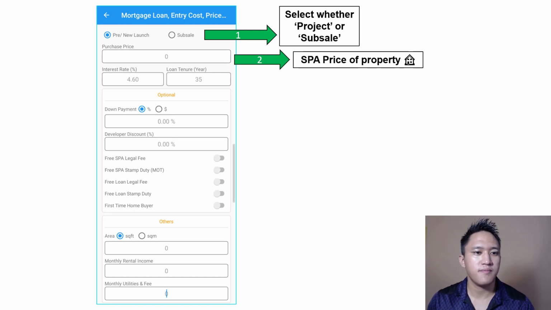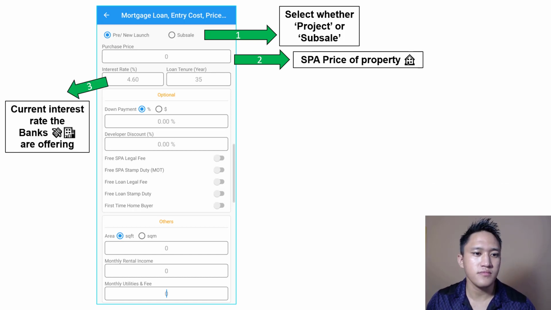Now second, put the SPA price in the purchase price column. Now this is the SPA price, not the net price. There's a difference. Third, the interest rate. Put in the interest rate that the banks are offering. Now you can ask a property agent or a bank, or to be more precise, a banker, to know what's the best rate that they can provide.